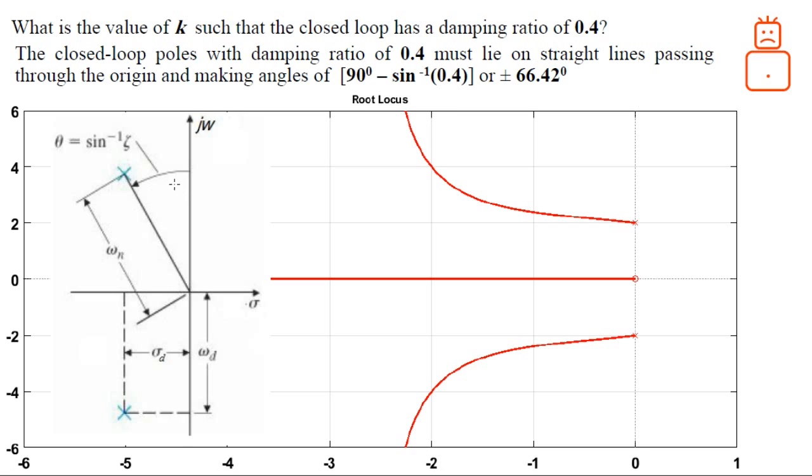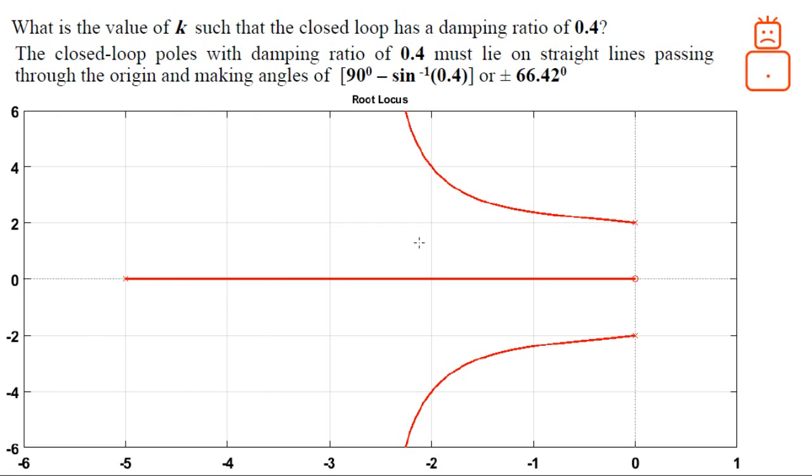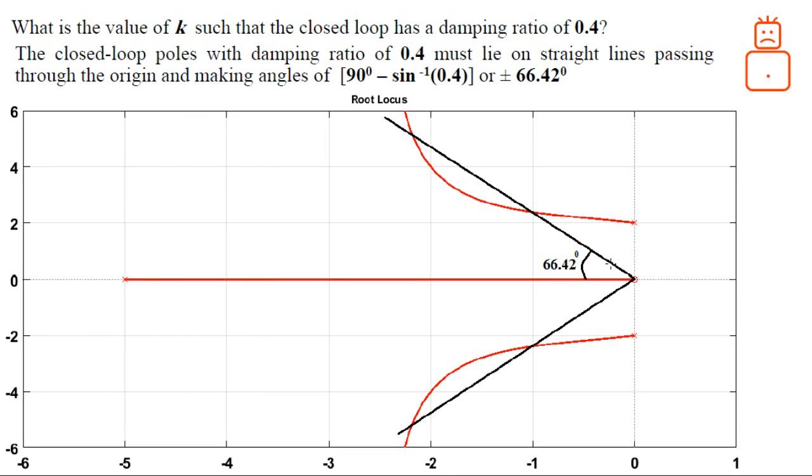If we take the sine inverse of the damping ratio zeta, you're going to find this angle. What we need to know is this angle, or you can use this angle as well to draw a line. Using this angle, we can draw these two lines, one for plus 66 and one for minus 66.